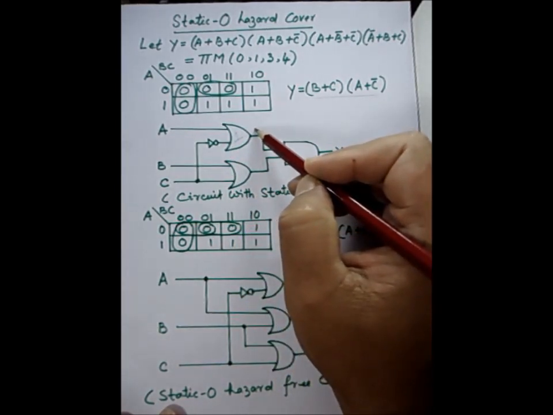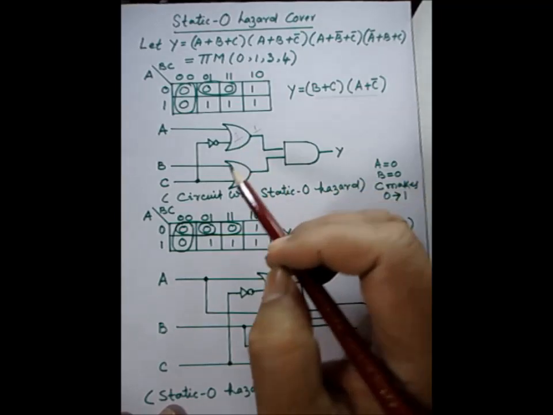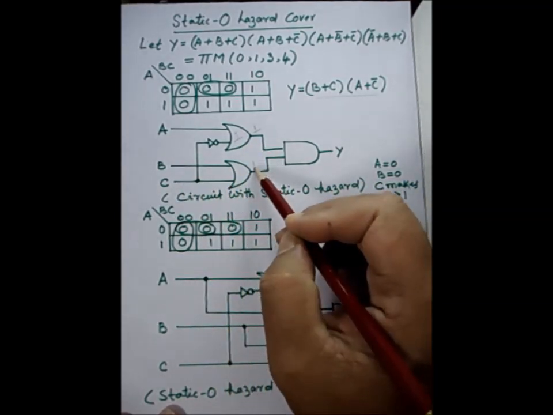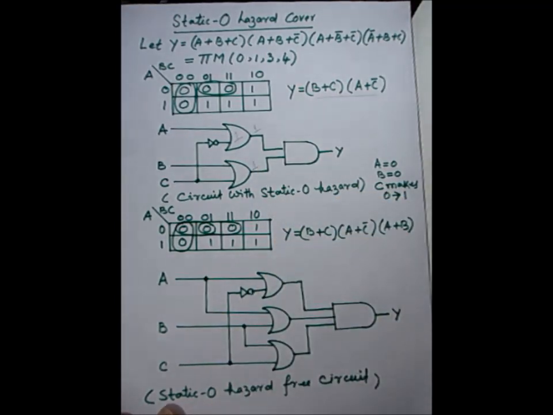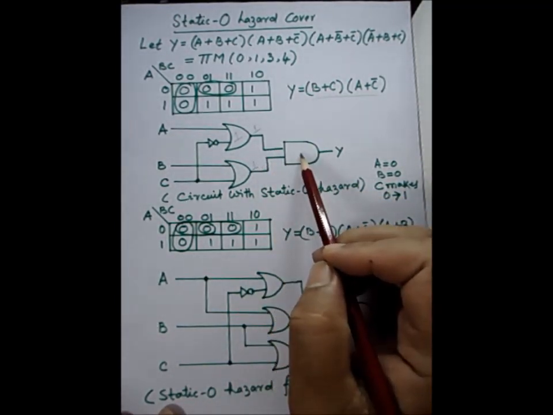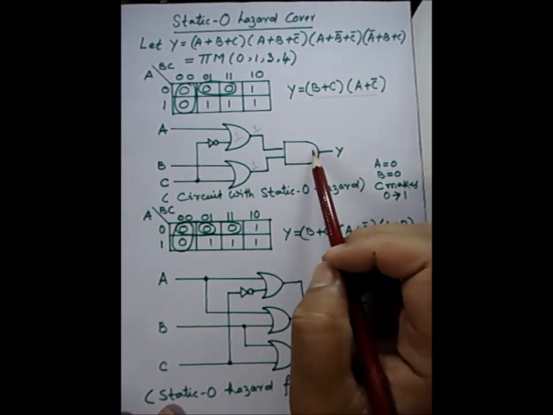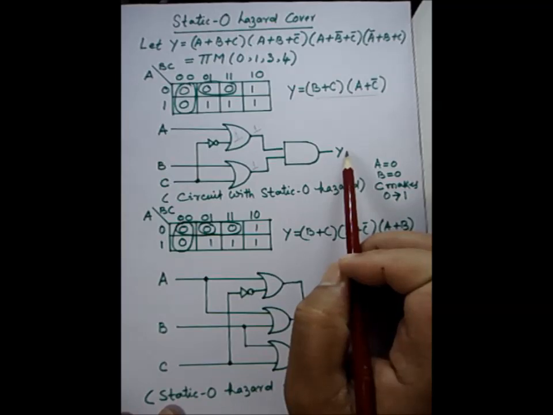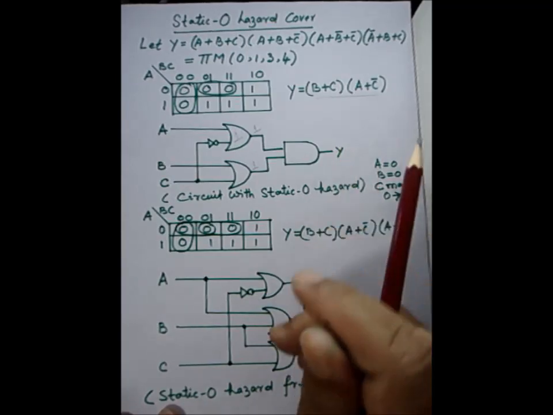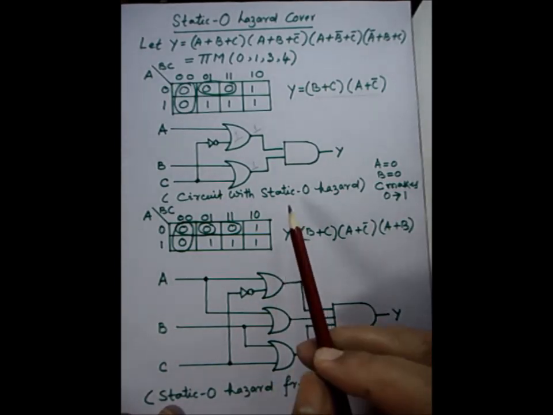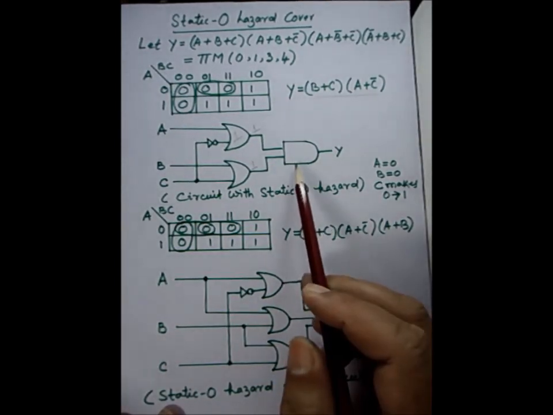And because C is also 1, the other input also becomes 1. Therefore, you can see that both inputs to the AND gate are 1 for a small duration of time because of the delay in the NOT gate, and the output becomes 1 for a small duration of time. And this is the static 0 hazard present here.